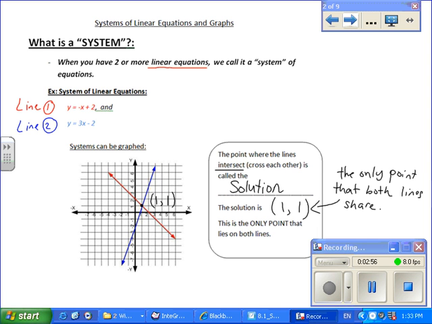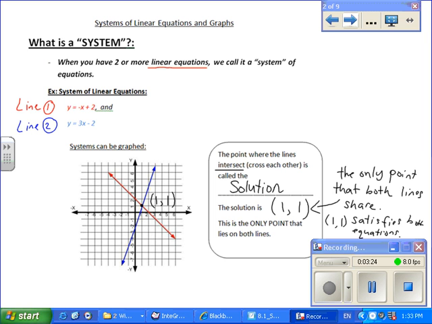So this point, the point 1, 1, satisfies both equations. Okay, it's the only point that they're going to share. That's why we call it the solution.